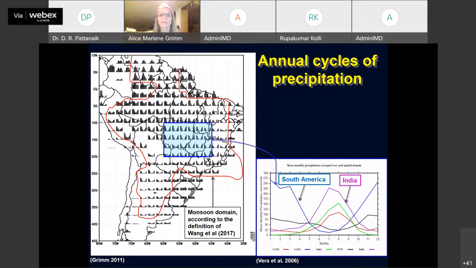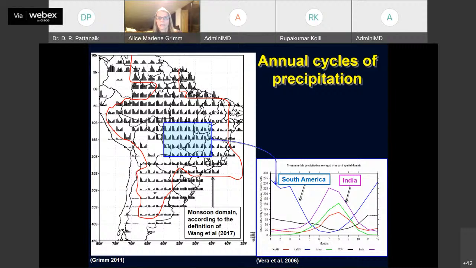Here you can have an idea of the intensity and of the extension of the South American monsoon. From the annual cycles of precipitation, you can see that most of South America is dominated by a monsoon regime with much rainfall during summer and almost no rainfall at all in winter.